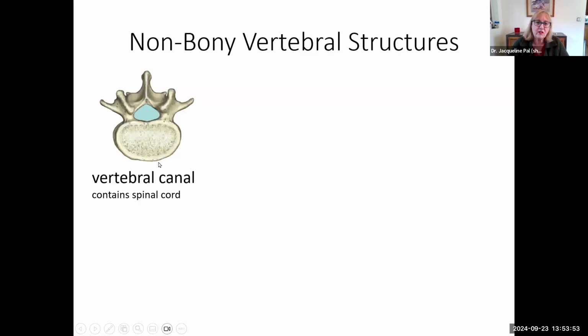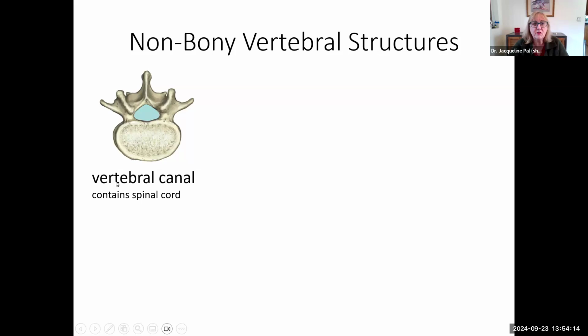Now, there are structures related to the vertebrae that are not bony. Like, for instance, if you look at this lumbar vertebrae and as well as a thoracic or a cervical vertebrae, you will notice we have this big bony area called the body, and then we have these processes, and we have this center hole area.